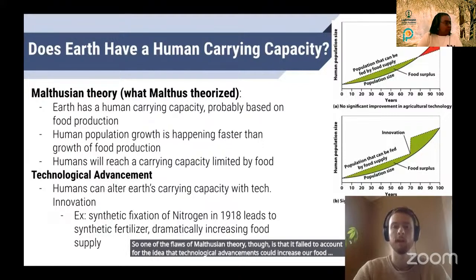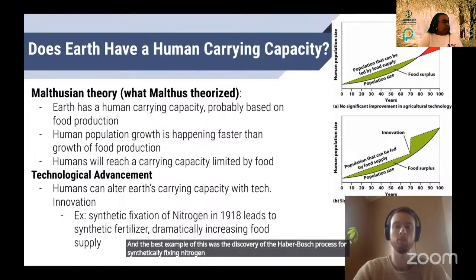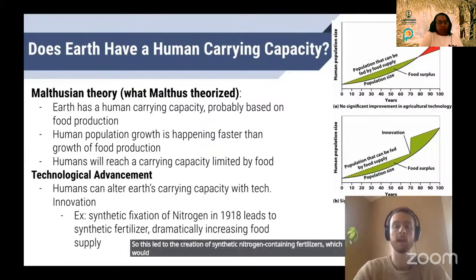The best example of this was the discovery of the Haber-Bosch process for synthetically fixing nitrogen into ammonia in 1918. This led to the creation of synthetic nitrogen-containing fertilizers, which would dramatically increase the productivity of our agricultural lands and therefore increase our food supply in a way that Malthus just never could have predicted.